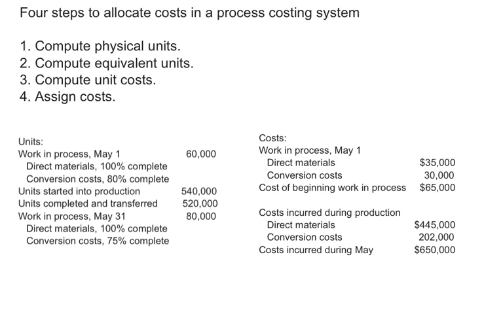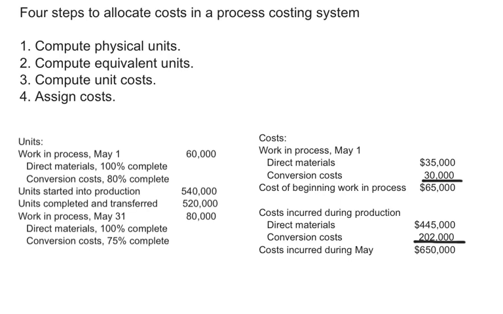Now, for the new things, those costs that we added into production for the month of May, for direct materials, we added in $445,000, and we had conversion costs of $202,000 to make that a total of $650,000. Let's see if I can draw you a line here. We should have a line right about there. Those are total figures for us, just adding those together.